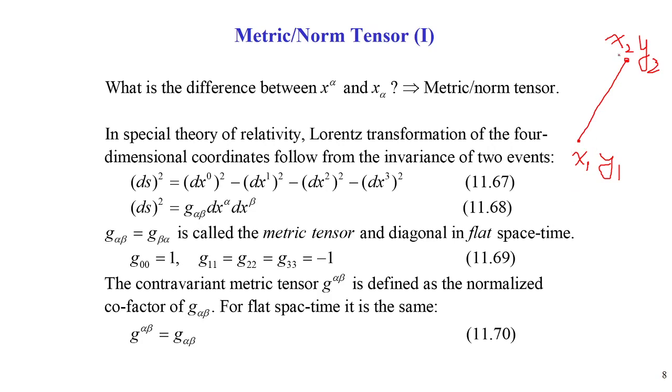Take x1 minus x2 absolute value squared plus y1 minus y2 absolute value squared, and take the square root.